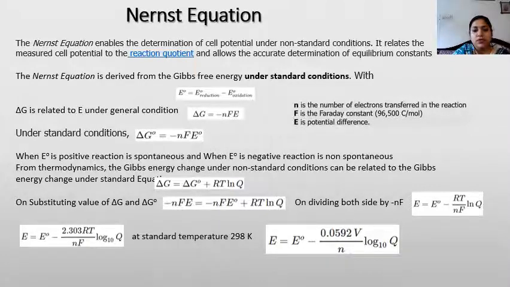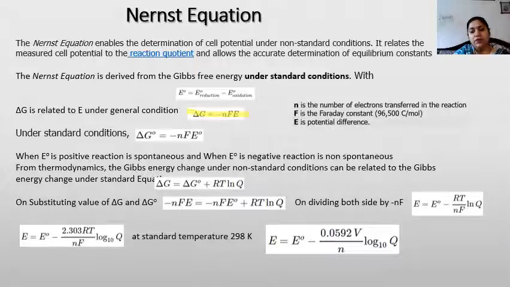So let's start the derivation of the Nernst equation. The Nernst equation is derived from the Gibbs free energy under standard conditions and by comparing it with non-standard conditions. So this is the formula for Gibbs free energy in non-standard condition. Delta G is equal to minus nFE, where n is the number of electrons transferred in the reaction.